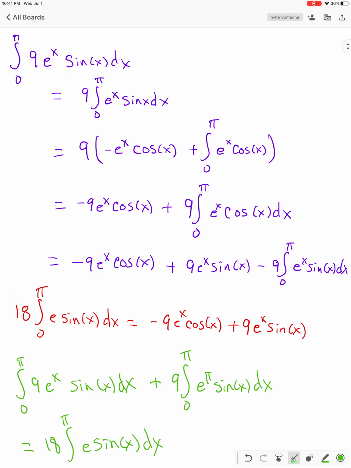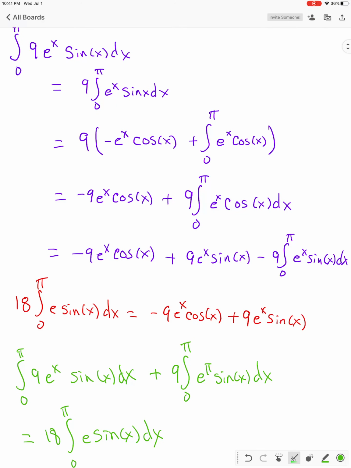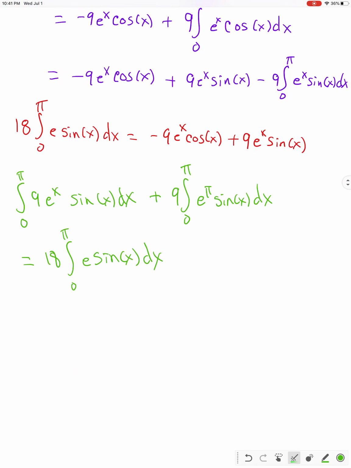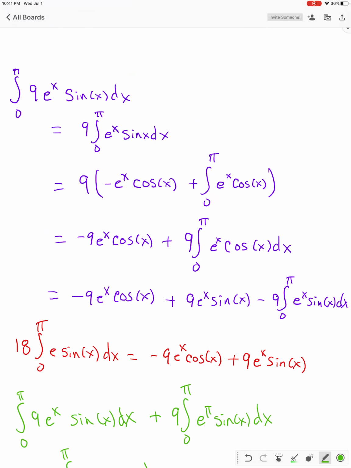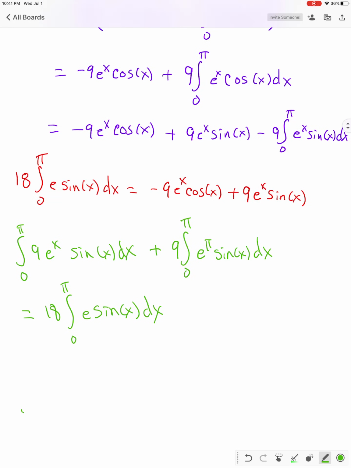So let's look at this problem and what you have in purple here in a bit of a different context. I'm going to recopy what you had in the last 2 lines of the purple. So integral from 0 to pi 9 e to the x times sine of x dx.